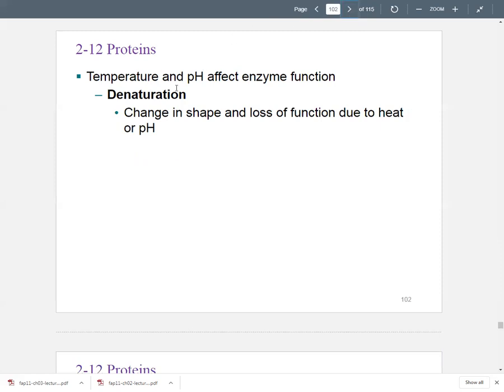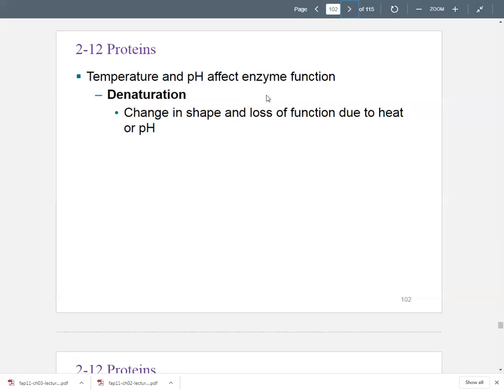Okay, temperature and pH. How do they affect enzymes? Well, here's a term you need to know, denaturation. And this denaturation just means the protein changed shape and lost its function. Why? Because it got too hot, or the pH went out of the range that it will work in. Got too acidic or too basic.